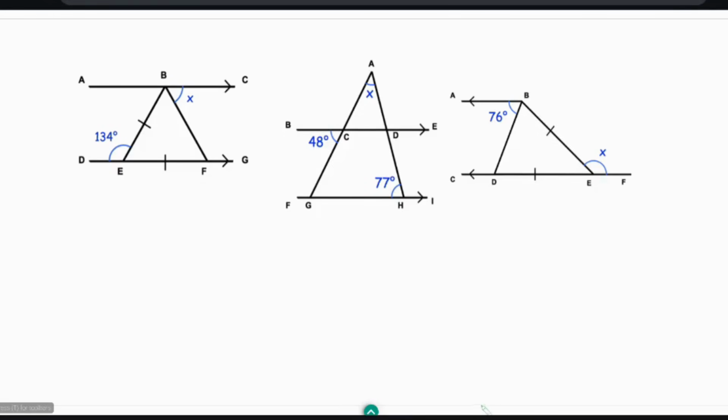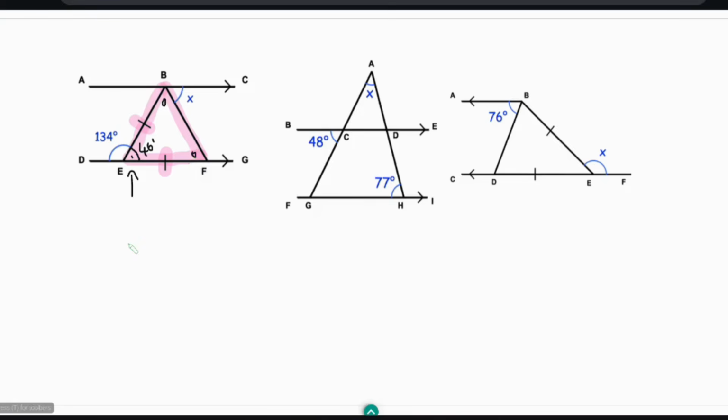Okay, there's quite a lot going on in this first one here. So here we have angles on a straight line add up to 180. So 180 take away 134 is 46. And then we actually have an isosceles triangle here, don't we? Because these 2 lines mean that these angles here are the same.